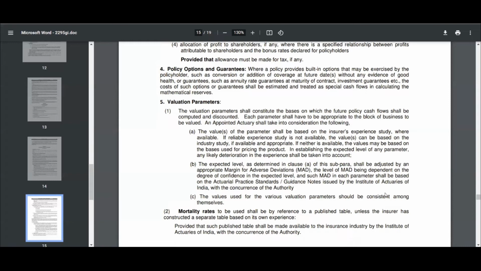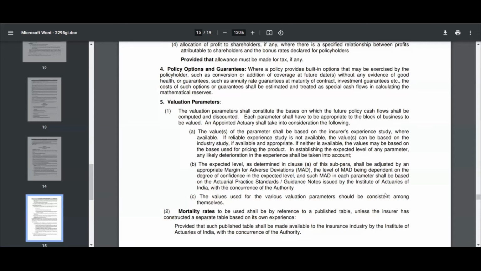it should consider any deterioration of the expected experience, as for example, for annuity products, the mortality rate will improve. So any such change in experience should be taken into account. The expected level of experience should be adjusted by MADs, and this should be determined as per the APS 7 actuarial practice standard, which we studied yesterday.